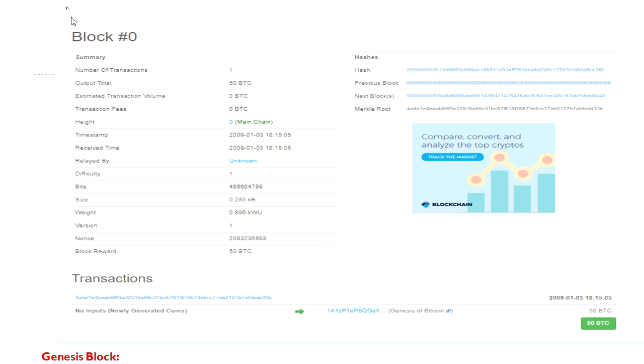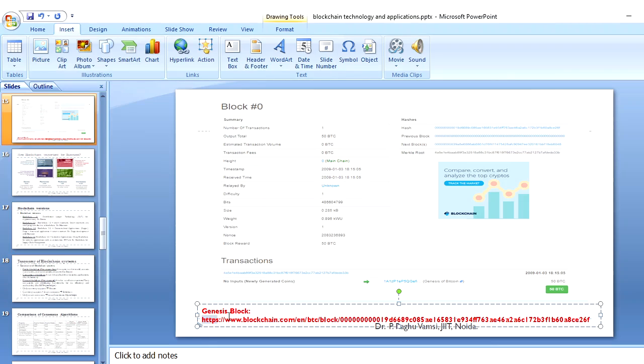So this is the Bitcoin blockchain block 0. In a single linked list, the first node is said to be the head node. Like that, in the blockchain, the first block that was created is said to be the Genesis node or Genesis block. This is the address of Bitcoin's Genesis block. Let us see how this Genesis block looks.